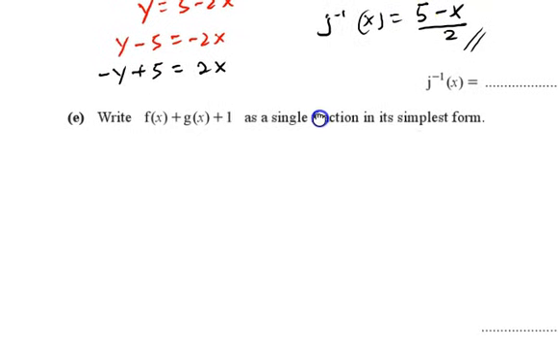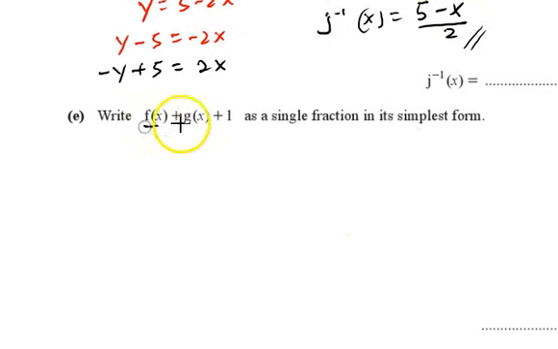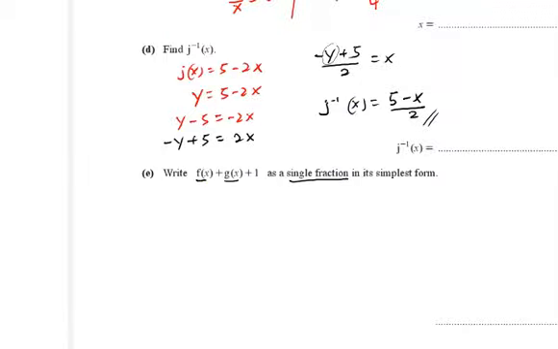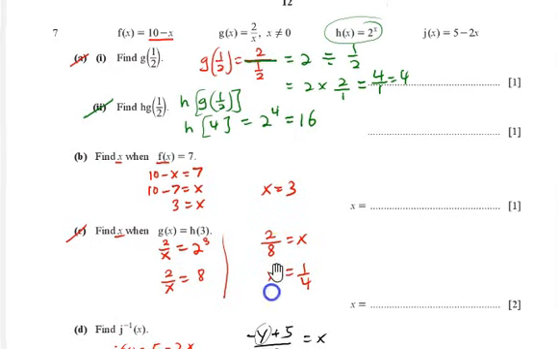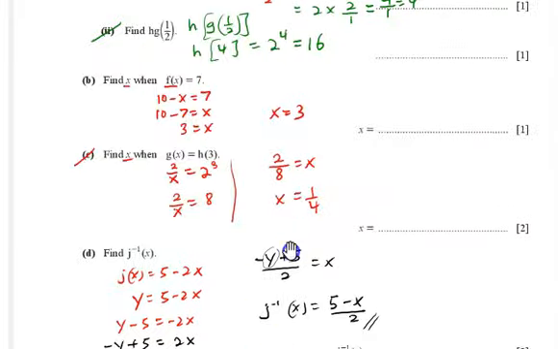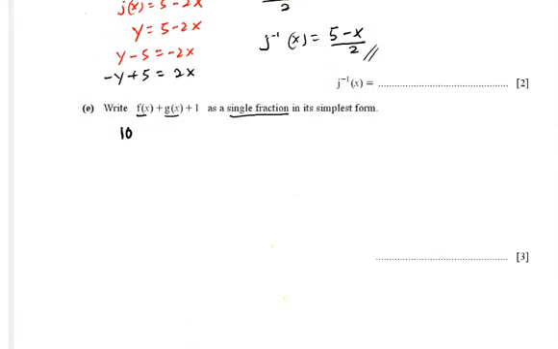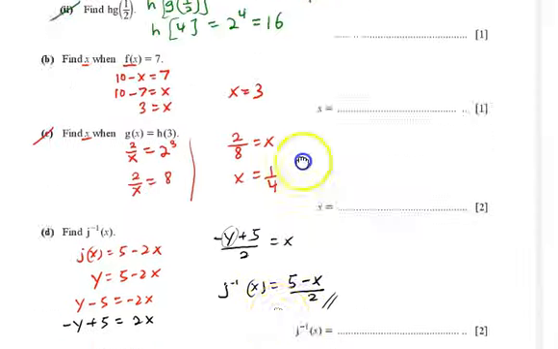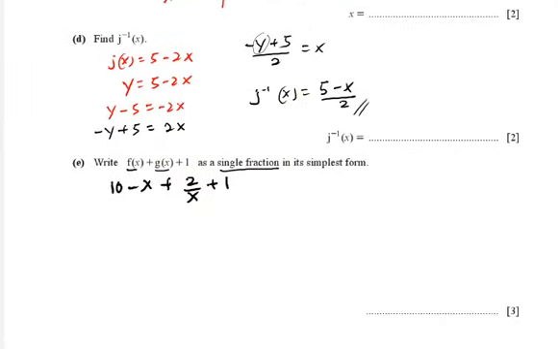Now write f(x) plus g(x) plus 1 as a single fraction. So let me write it down. f(x) and g(x) are 10 minus x and 2 over x. So here we got 10 minus x plus 2 over x plus 1 as a single fraction.